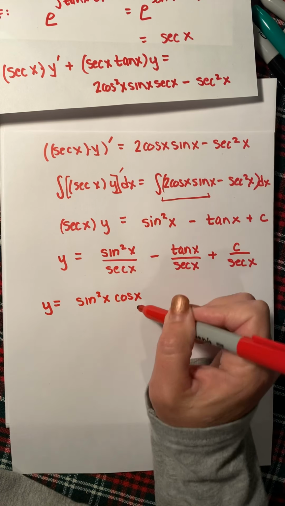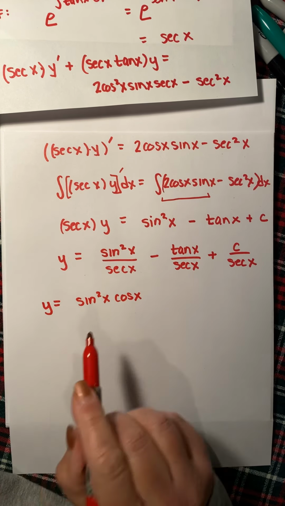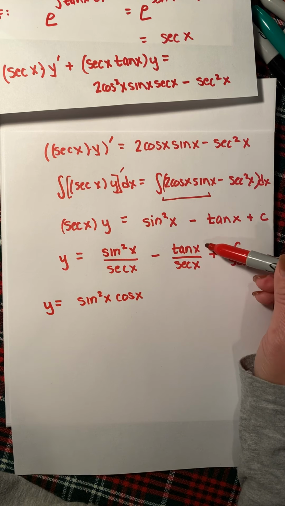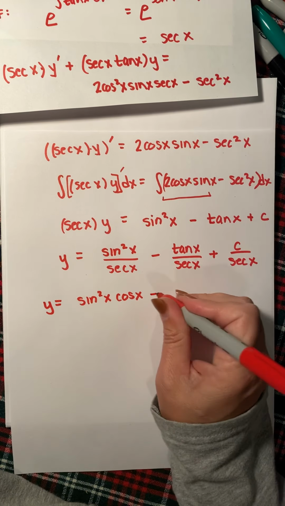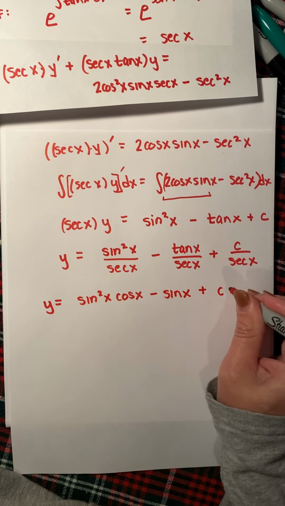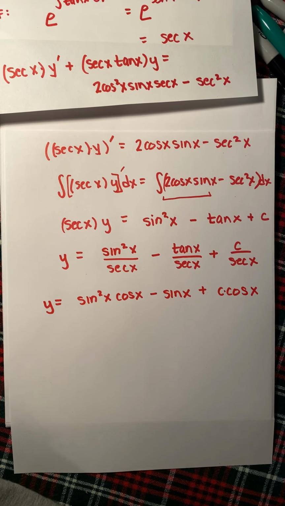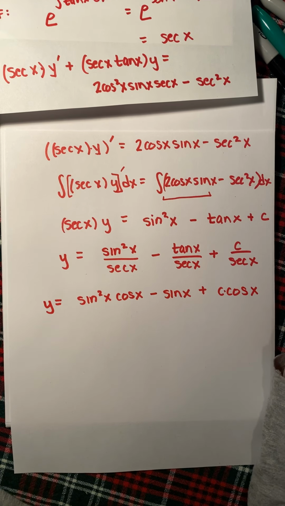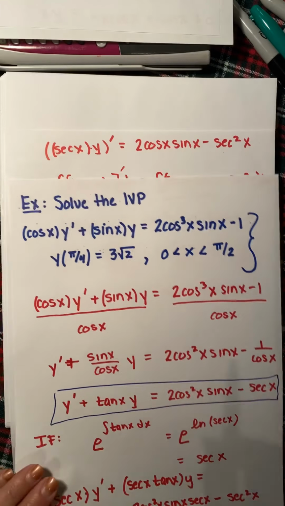This isn't incorrect, this is just more visually pleasing, and I'd rather stick pi over 4 into this than into the fraction. And then the tangent over the secant, well, the tangent is sine over cosine, the secant is 1 over the cosine, so the tangent over the secant is just the sine of x. And then the secant in the denominator is equal to the cosine in the numerator. This isn't incorrect. This is just simplified and more visually pleasing. So there's your general solution because we have this arbitrary constant c sitting in there.